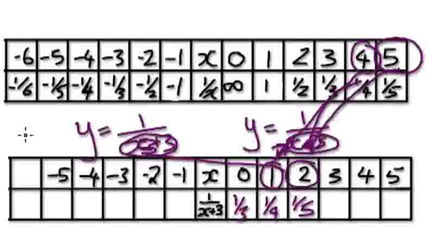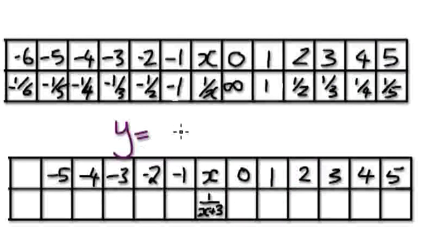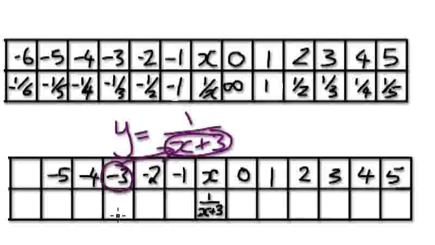Earlier, if you look at y equals 1 over x plus 3, and you put the number negative 3 into here, then this whole thing breaks down. So this here is like infinity.